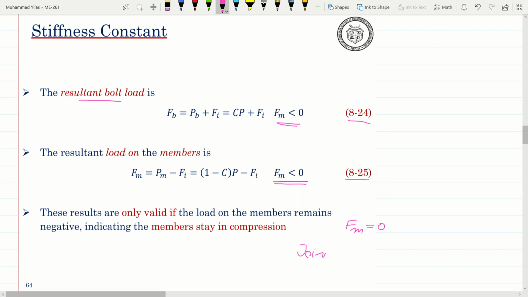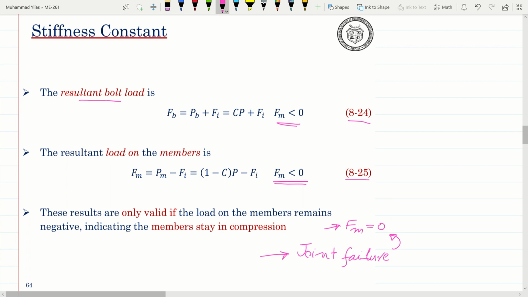So joint failure occurs when the force on members becomes equal to 0 or positive. It doesn't mean that the bolt is going to be broken. It may be broken, it may not be broken, but our equation will predict the failure as soon as the force on the members becomes zero or it transitions to the tension.